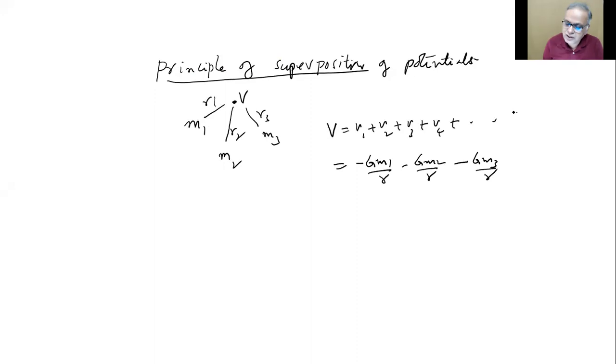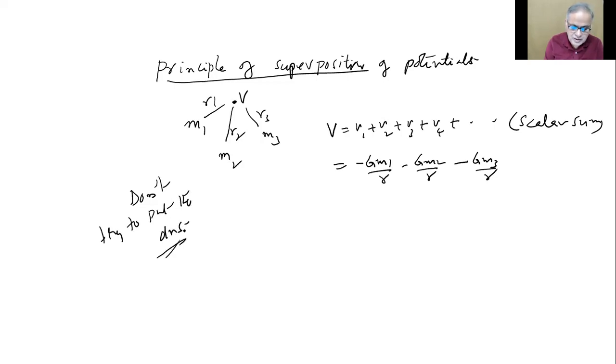It is simply a scalar sum. Potential is a scalar, not a vector sum. Don't try to put the directions here. Why are they scalars? Because V is nothing but work, so simply add it. There's nothing like negative and positive work here; all the time only minus comes.